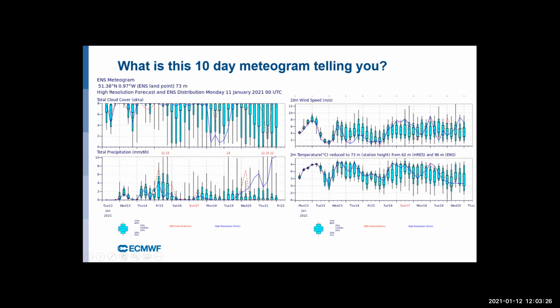But as you move away, you will see that the uncertainty is growing. Yep. So if you just use the high resolution, you may not be able to spot scenarios which are more probable than others.